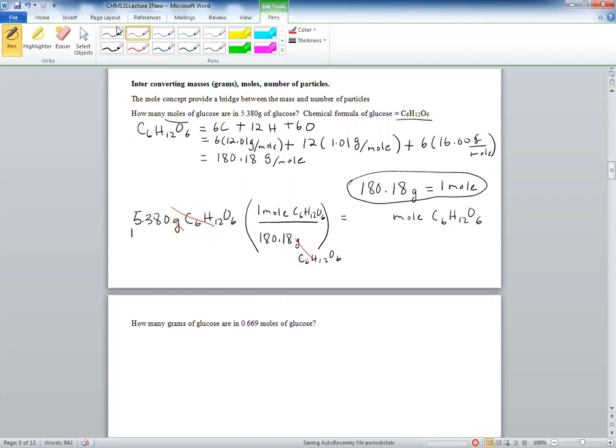So you're dividing this number, 5.380, by 180.18. Now again, sig figs, we go by what we started with, which is 4 significant figures. So we should end with that number.